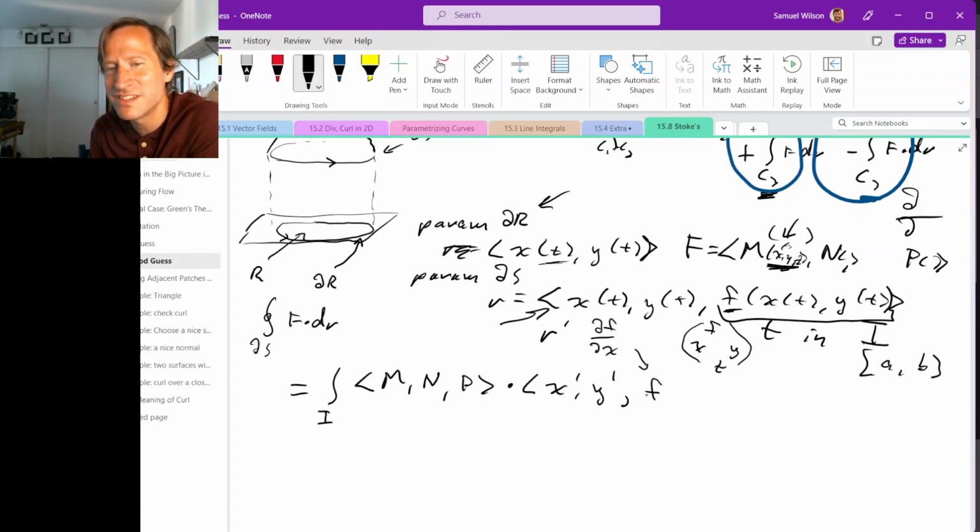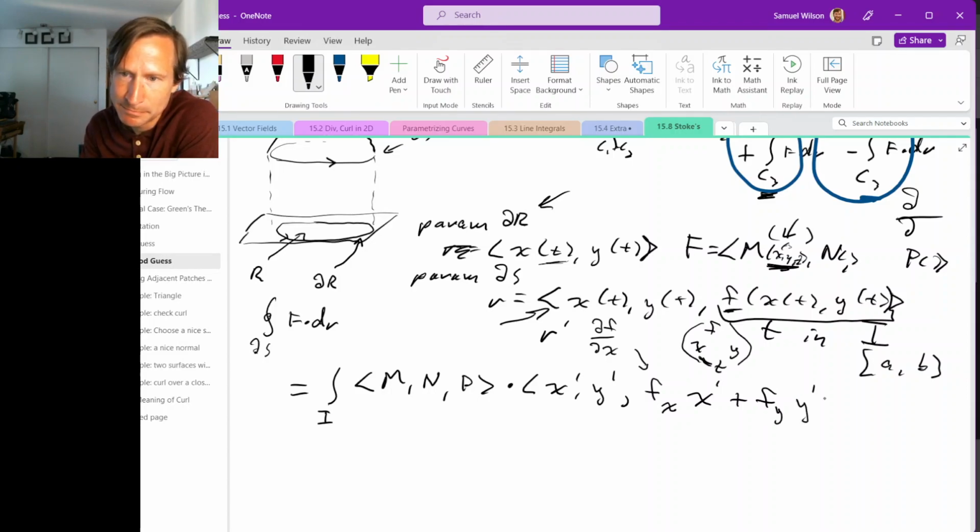So what I'm going to do instead is just use a subscript. Whenever I write a subscript, that is a partial derivative with respect to that variable. So this f sub x is really partial f partial x, times the derivative of x with respect to t, that's x prime, plus, and now the other path, partial f partial y, which we'll write f sub y, times y prime.